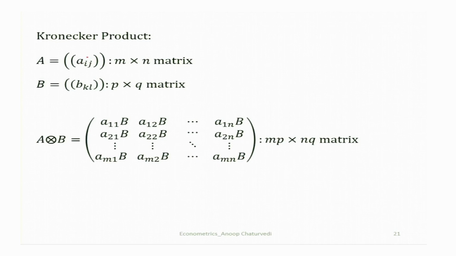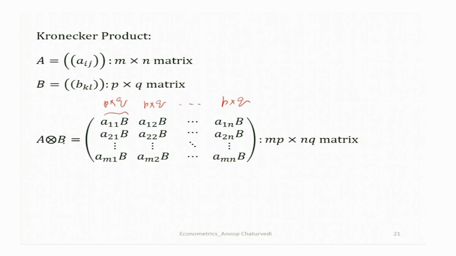You take say the first element of A and then you multiply it by the matrix B. So, you get a p cross q matrix with elements a 1 1 b 1 1, a 1 1 b 1 2 and so on. Again you get a p cross q matrix here and so on, a p cross q matrix here also. And in all you have n such matrices.